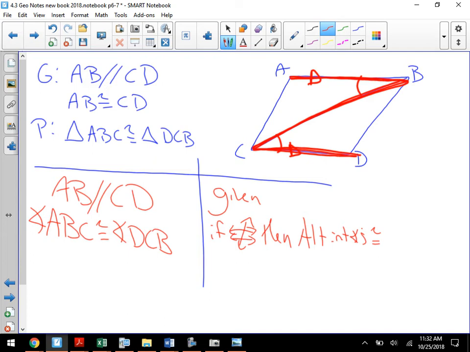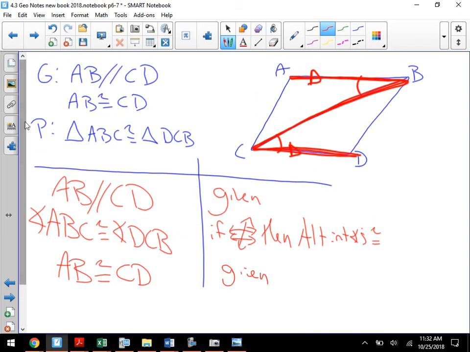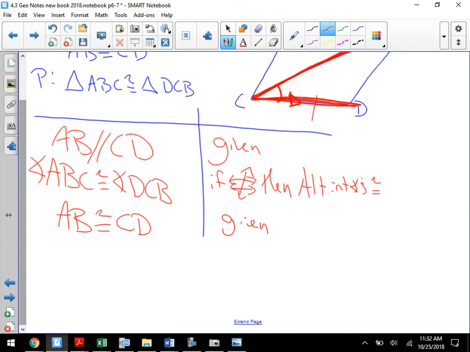Right? A, B, C, D, F, G, H. Oh no, what did I have left to do? I don't know if you guys noticed this, but this is the exact same proof as the one before.